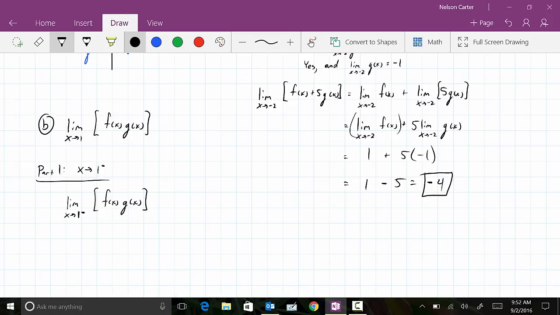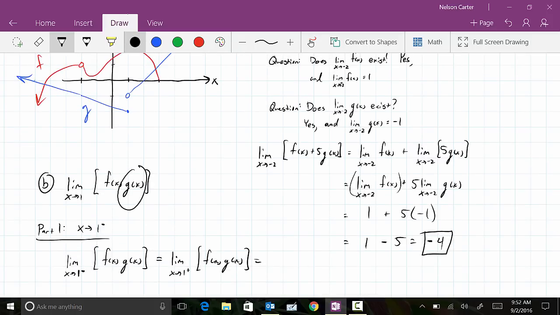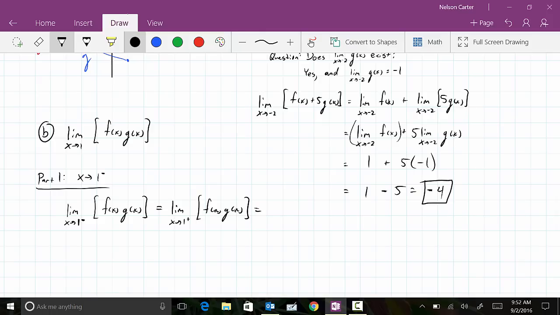Remember, if we can show that this exists, and if this happens to equal the limit as x approaches 1 from the right, then that would mean that this does exist and we're good. Remember, we're not saying that this does not exist. We're saying the limit as x approaches 1 of just g by itself does not exist. And remember that they both have to exist if you're going to use the limit laws.